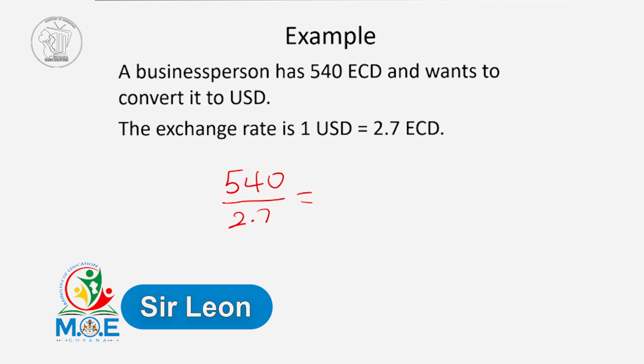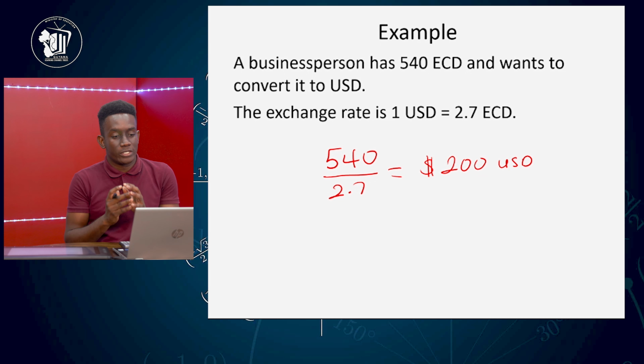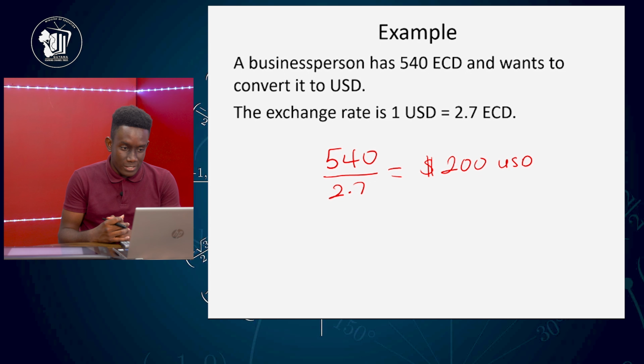And 540 divided by 2.7 will give us 200 US dollars. And that is how we convert 540 EC to US dollars.